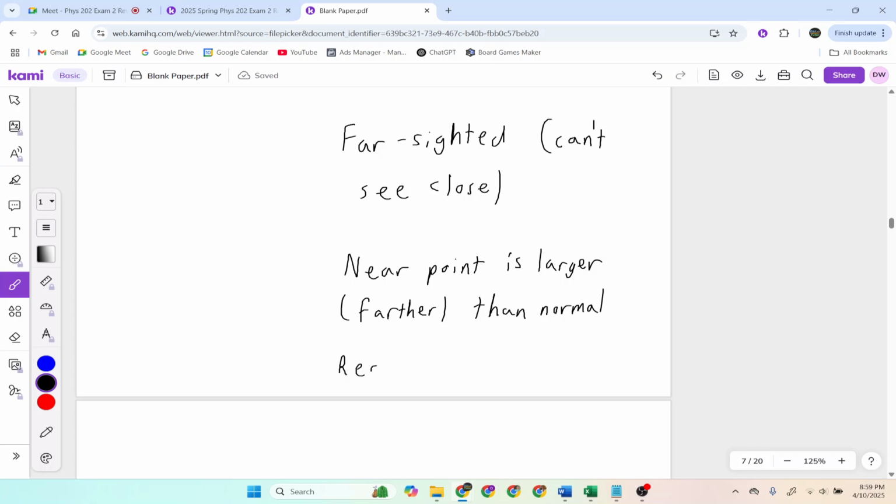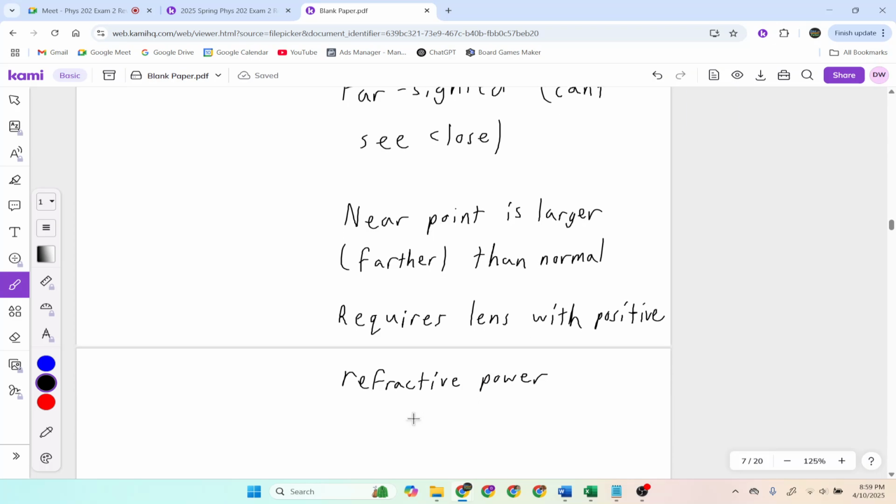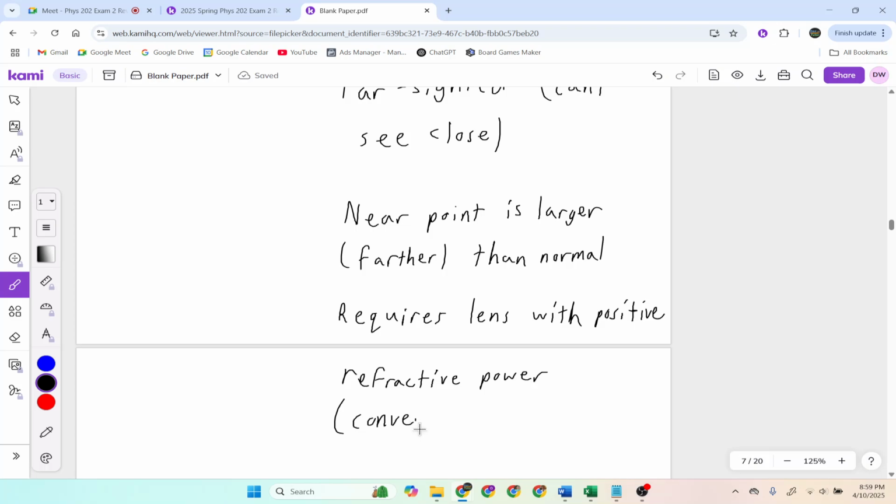And lastly, they require a lens with positive refractive power, which is a converging lens. Any questions?